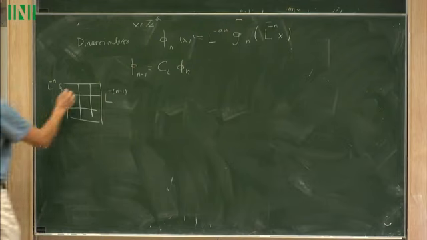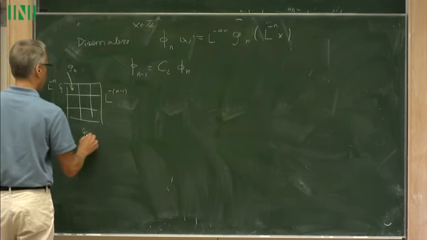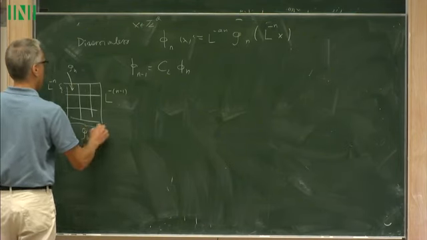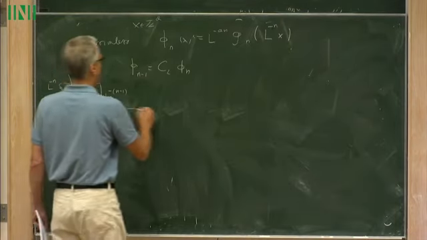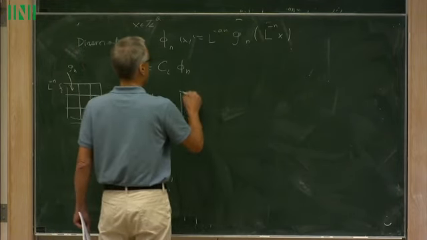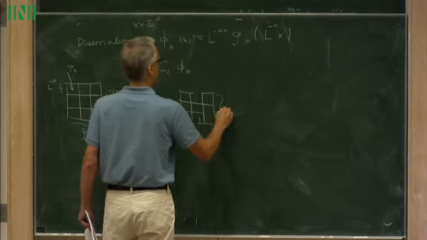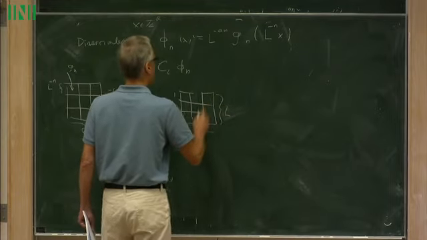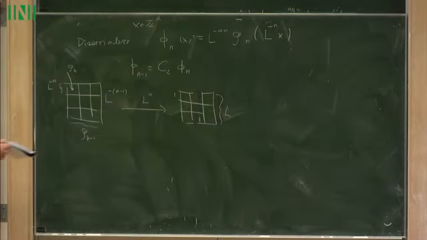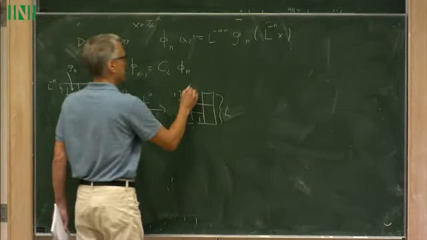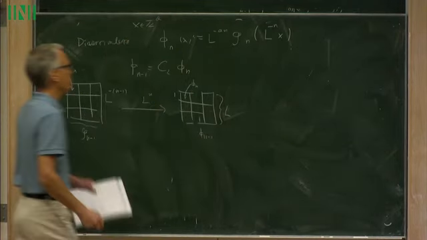So the phi_n lives here, and the phi_{n-1} lives in this big cube, and then once you blow it up by L to the n, you get this picture. This is L, and this is 1, and that's where phi_n and phi_{n-1} live. Okay, so phi_n is here, and phi_{n-1} here.